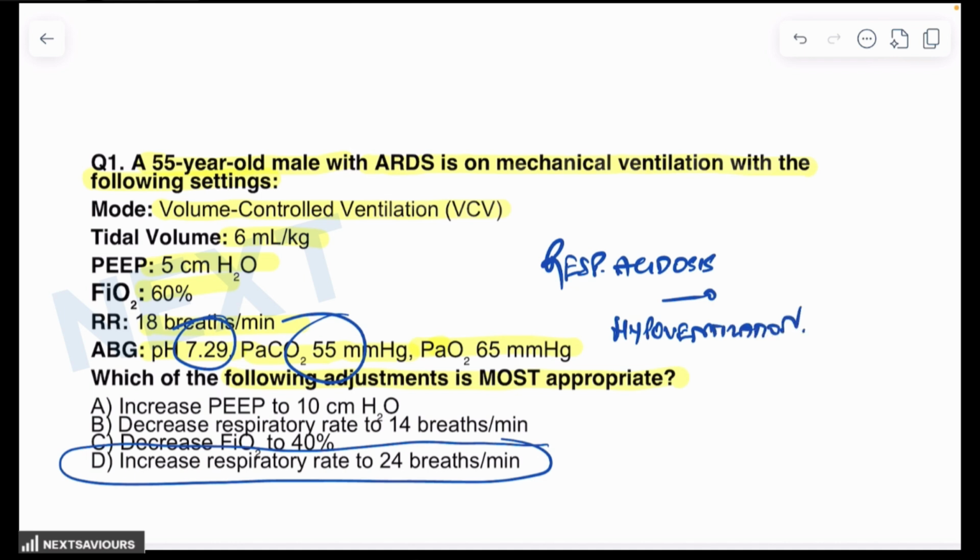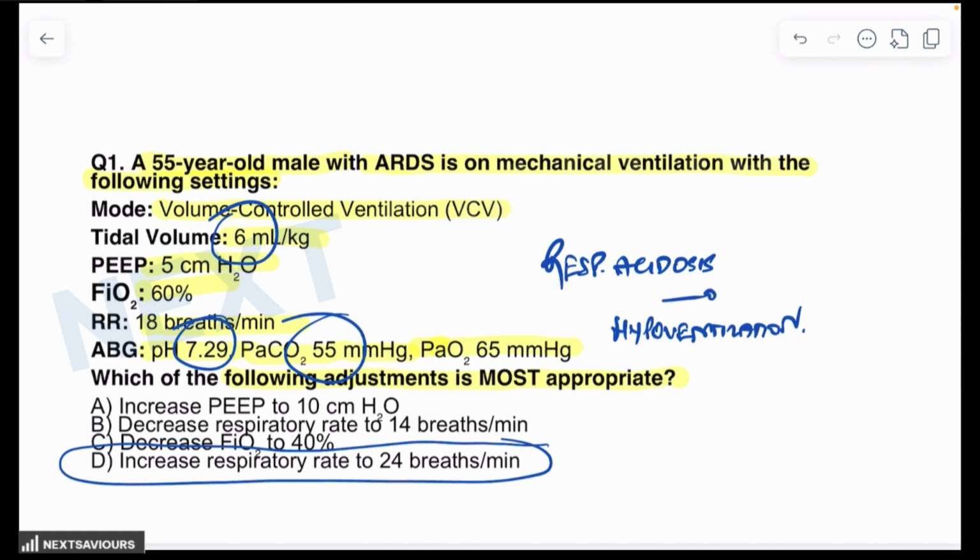In order to improve the ventilation and remove this excess carbon dioxide, we should increase the respiratory rate. We can consider increasing the tidal volume also, but as you already know, it is running near the upper limit, so it is already at lung protective settings. So consider increasing the respiratory rate to 24 breaths per minute.